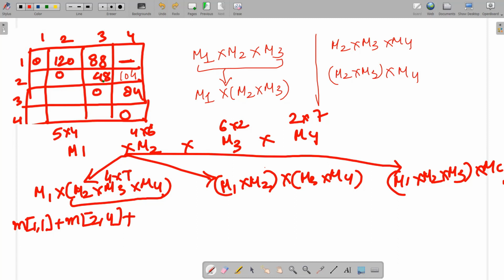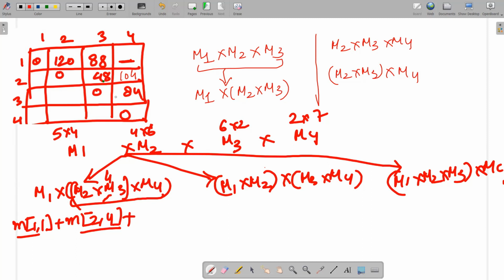Or I can do it in this way also. This is M11, M24, but we all know that this multiplier can be sorted as M2 multiplied with M3 and then M4 is there. That can also be set up. So M2 is multiplied with M3, that is multiplied with M4.